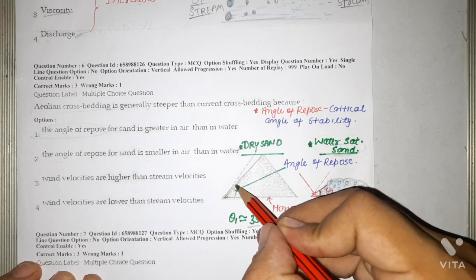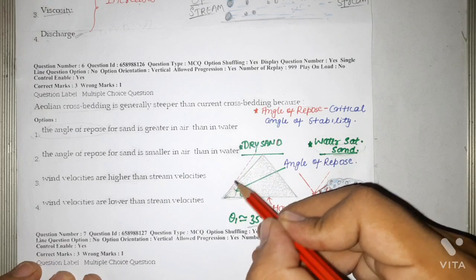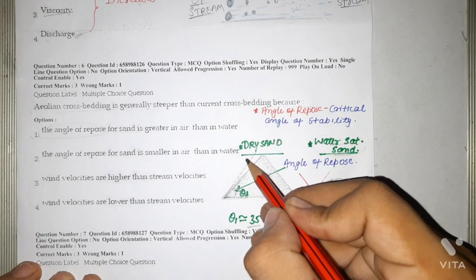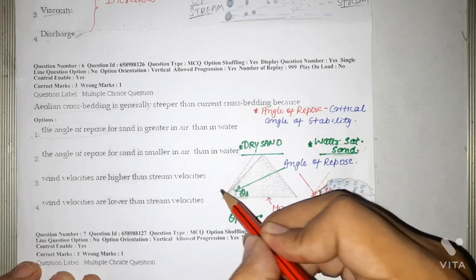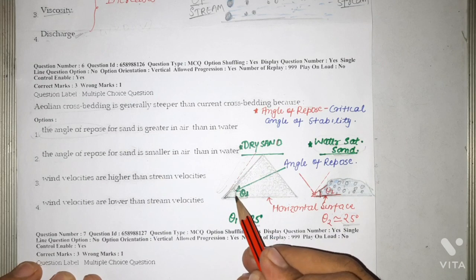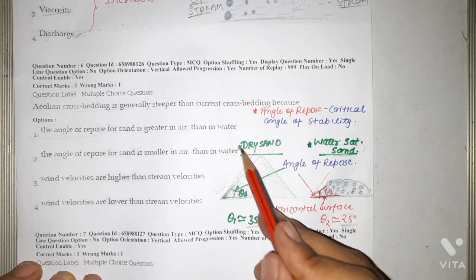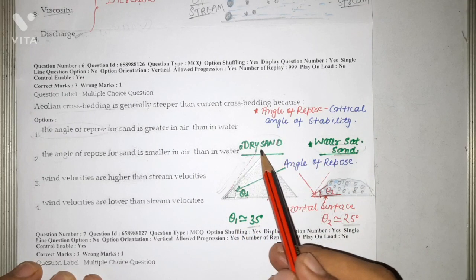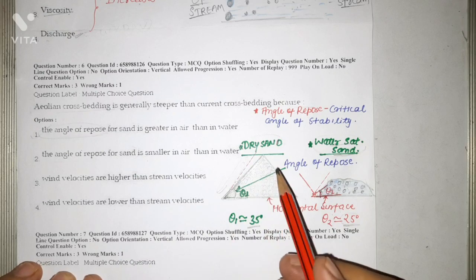But if the surface becomes steeper, then the grains that are deposited will flow down, or collapse. Now this angle of repose is greater in the case of dry sand. And where will we get dry sand? You will get dry sand in aeolian conditions.